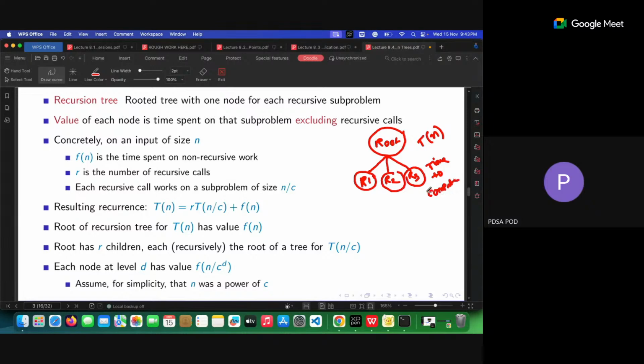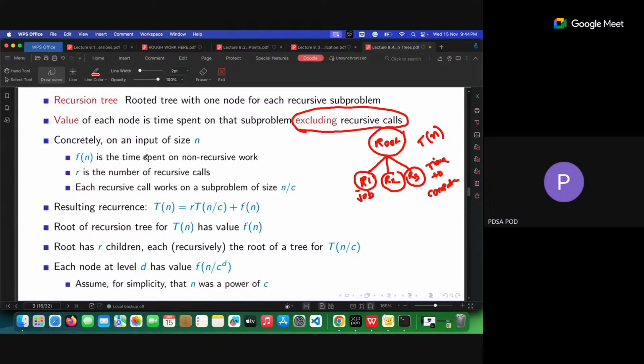And one more thing: it does not include the recursion call. Don't include the time for the recursion call; include only the individual time required to complete this job. That is what T of n represents.